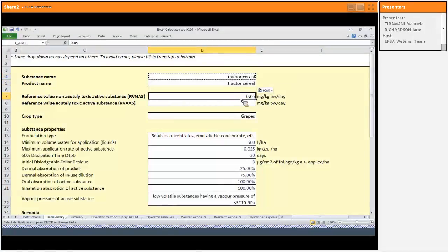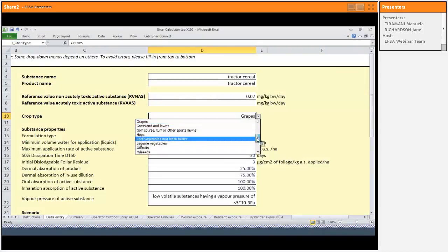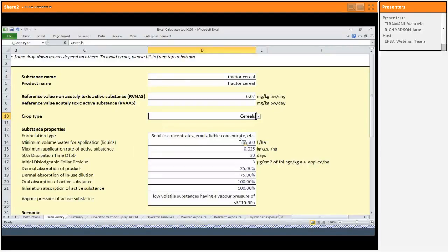For this scenario, we're going to use an AOEL of 0.02. Again, these are all values that we've derived from previous assessments. We're going to choose the cereals crop option, and in this case we're going to consider wettable powder.